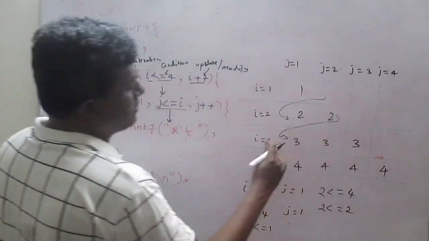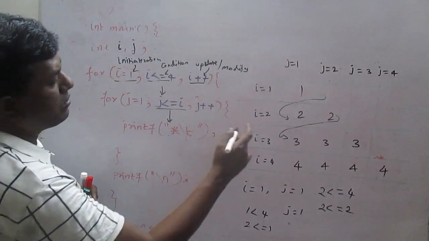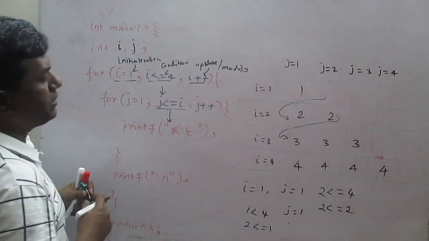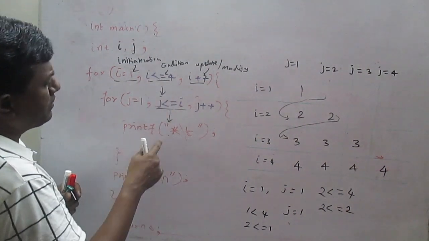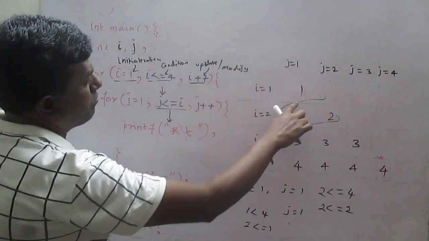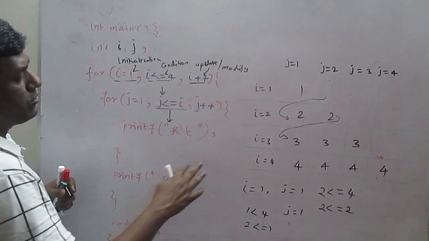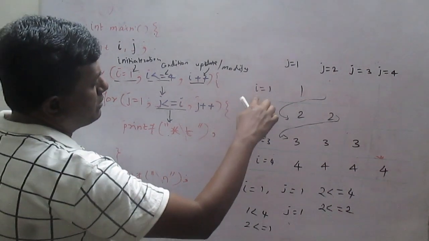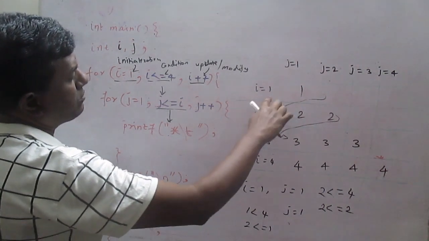If you want a pattern like this, it is very simple. We are not going to take any complex steps. In the same program, instead of stars, we want to print 1 in the first row, 2 2 in the second row, 3 3 3 in the third row, 4 4 4 4 in the fourth row. It represents the rows, that means i.